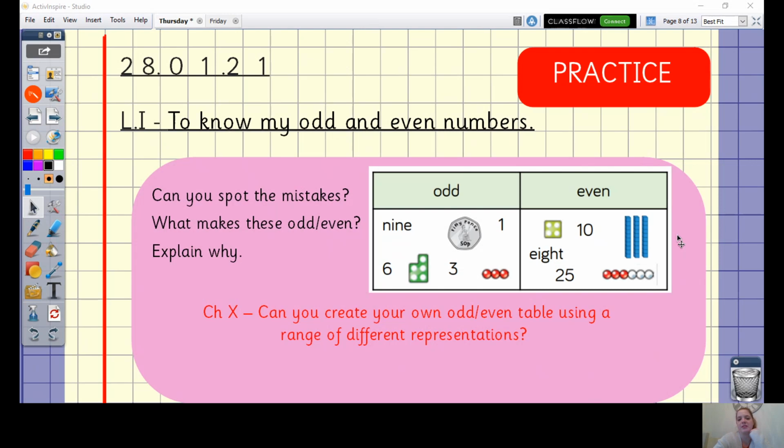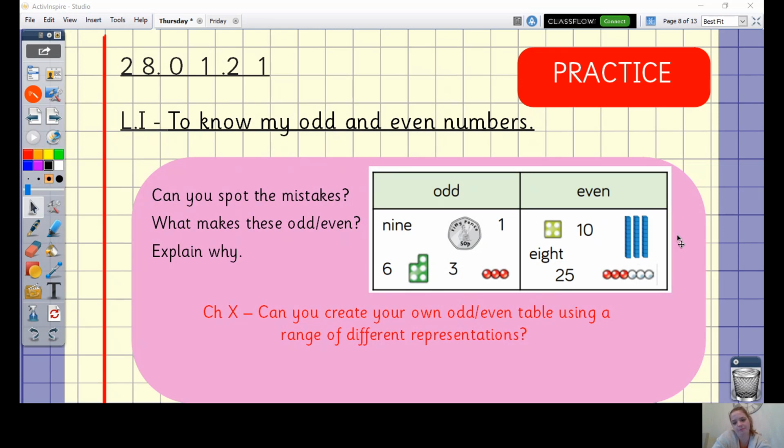I wonder if you can spot any mistakes. Are there any representations that are on the wrong side of the table? If they are, you may just want to point them out, and I want you to think about why is that a mistake? Okay, where should that be? And what makes these representations odd?